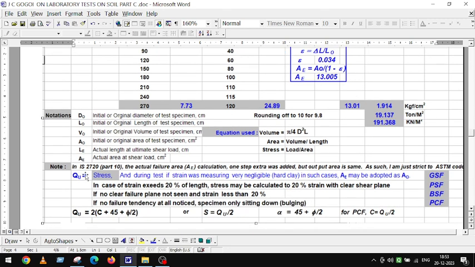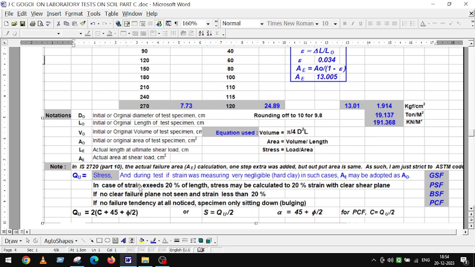So here I am writing the actual failure area calculation. One step extra was added. Since we do not require to calculate the elastic modulus, this step is not required, but still I am using the ASTM codes.